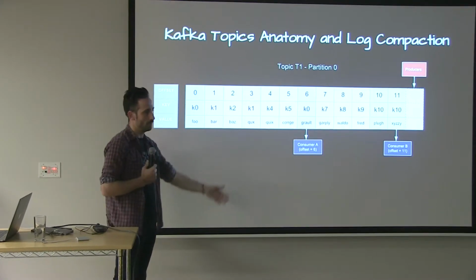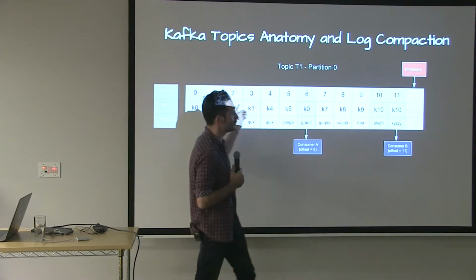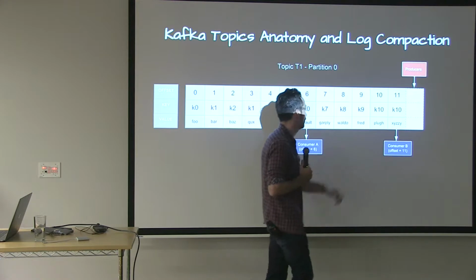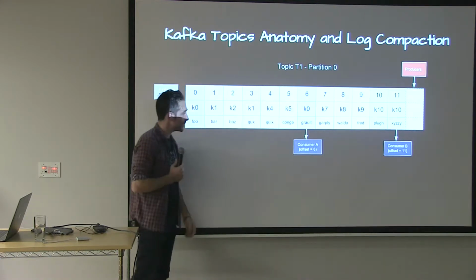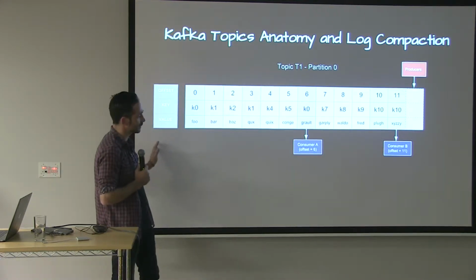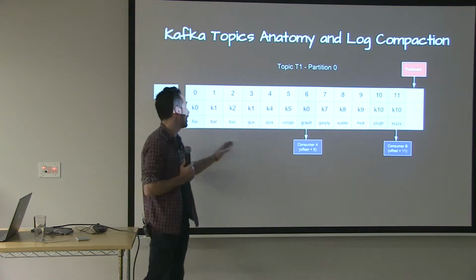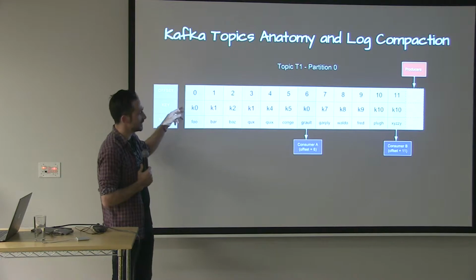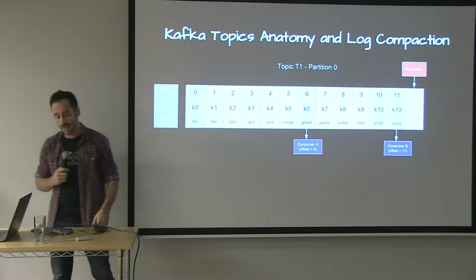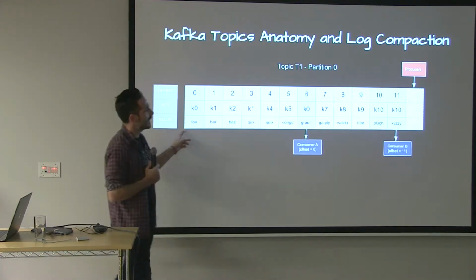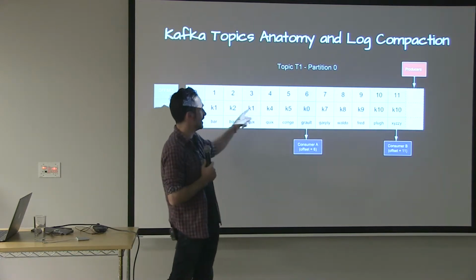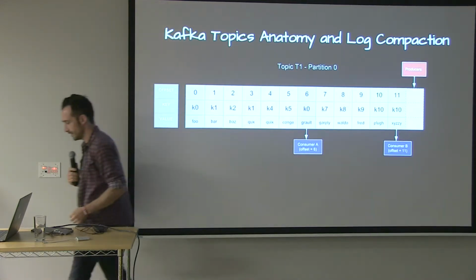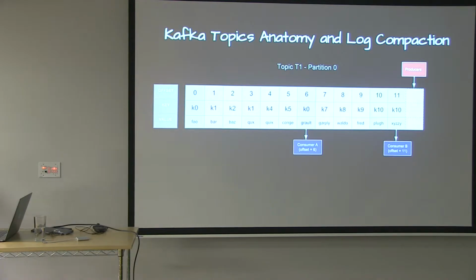It's a write-append log. So the producers can only write at the end of the log. It's immutable, and the consumer can start reading from the beginning until the end. Every record is composed by an offset, and then there is a key and a value. As you can see, the same key can appear in the log at different stages.